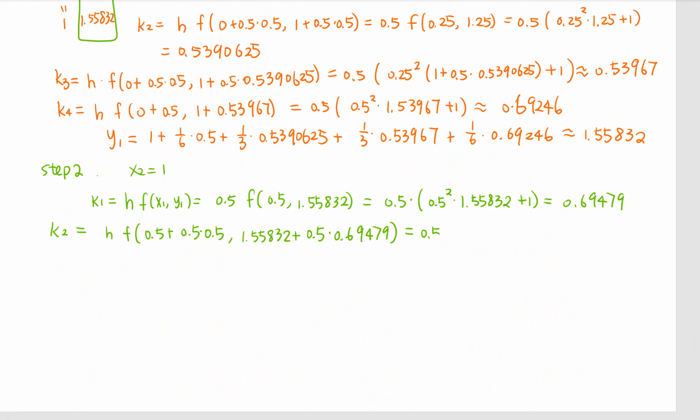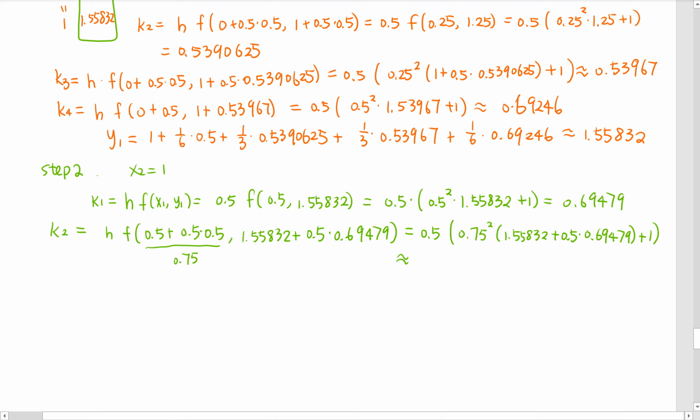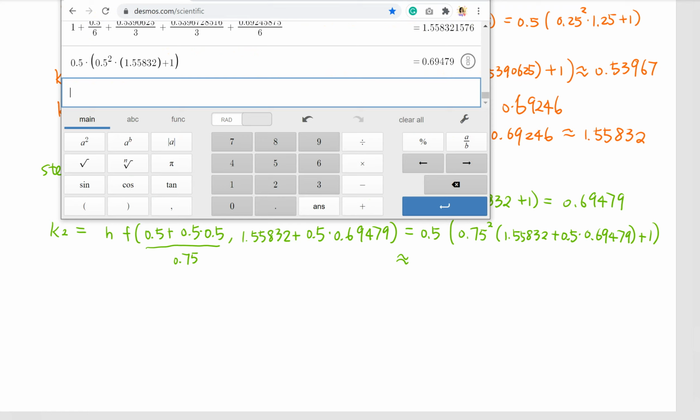Alright, so H is 0.5, and then F, we have, this is actually 0.25 plus 0.5, 0.75, right? So 0.75 square, that saved me some work to type in the calculator. And that one is 1.55832 plus 0.5 times 0.69479. Then plus 1. Okay, what is that answer? Calculator here.